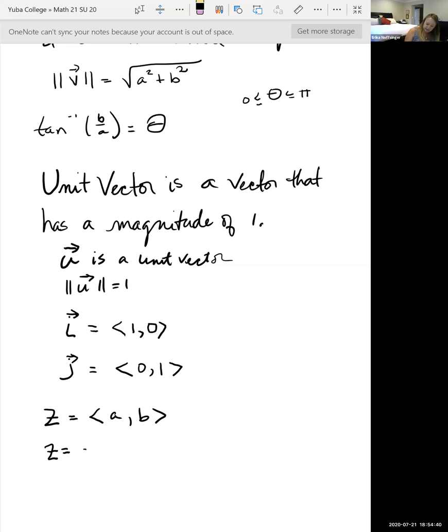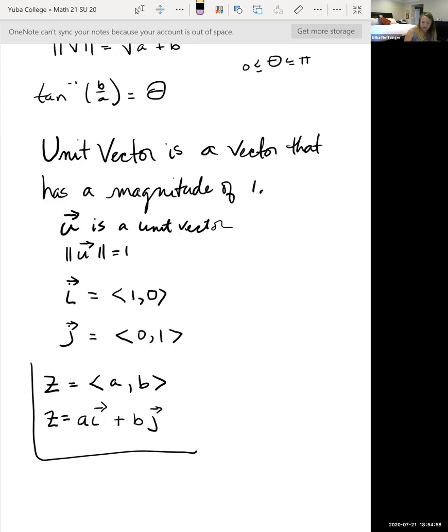So this would be like the scalar a times your vector i plus b times your vector j. So these both represent the same thing.